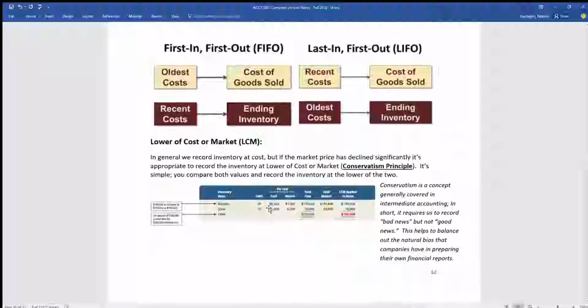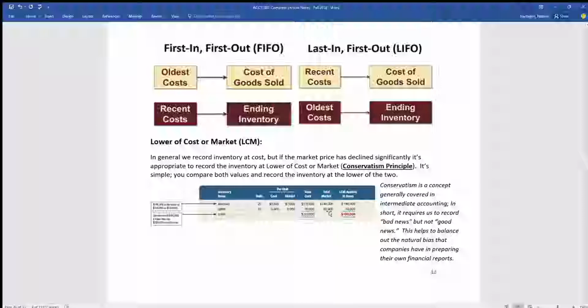So we usually want to take the lower cost. It's more conservative. It works best for us. This way, we don't have to worry about overshooting or undershooting. So with this, we like to take the lower of the two. We compare. So as you can see, they're comparing right here. Cost, market, total cost, total market.